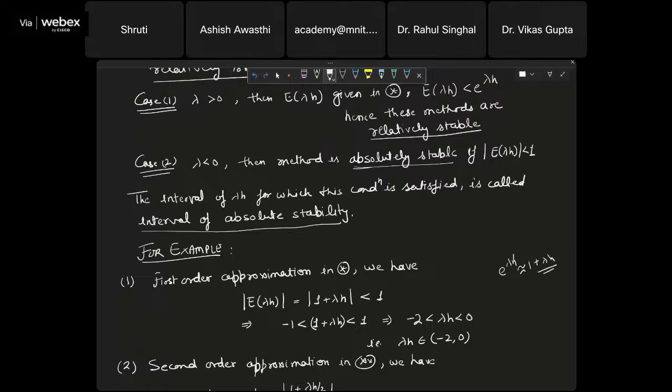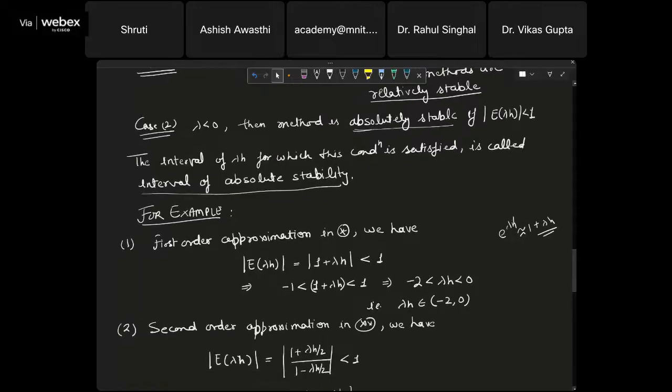That should be less than 1, and if we simplify it, we end up with the open interval minus 2 comma 0 for lambda h. In this interval the method will be absolutely stable. So whenever lambda h lies in this interval of absolute stability, the method will be absolutely stable.